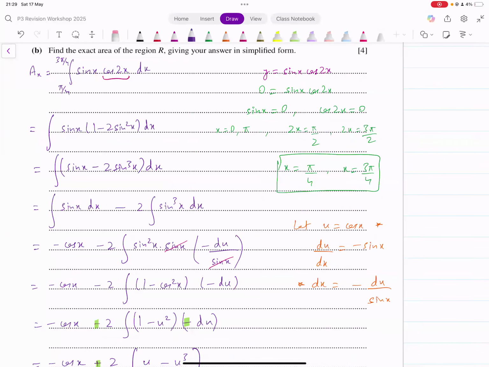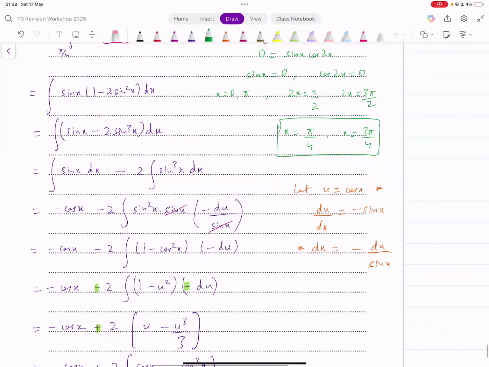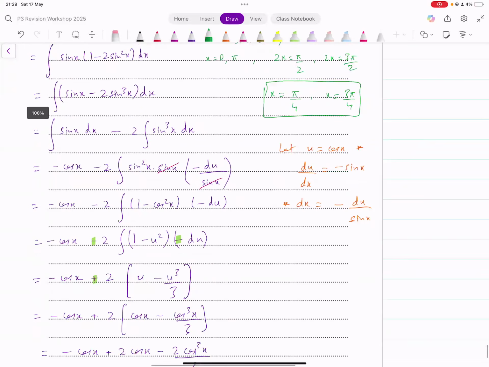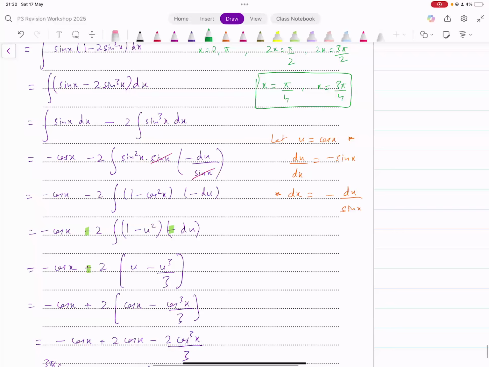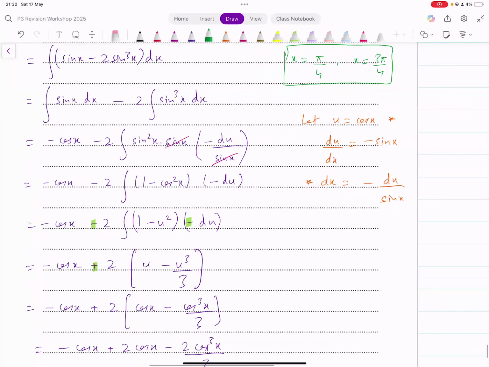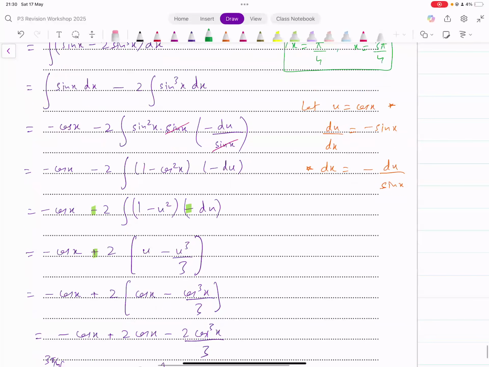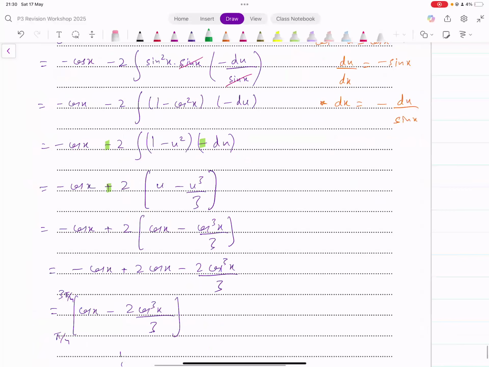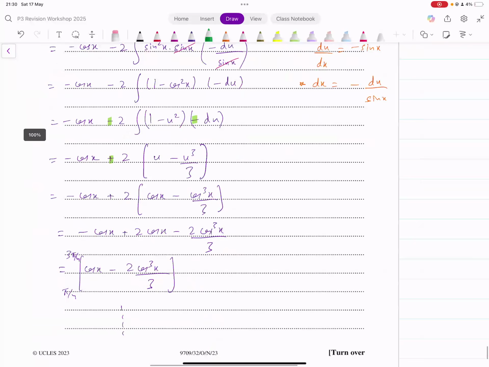You say sine x into 1 minus 2 sine square x, and that could be broken down into two parts like this: sine x into 2 sine cube x. Integration of sine x sine cube x, then you could either use extended power rule for this as well, as we discussed earlier, or you could use the substitution as we covered. So for sine cube x, use the substitution u equals cos x, and then you apply that process for that substitution and input the limits at the end, and you would get the result using this as well.